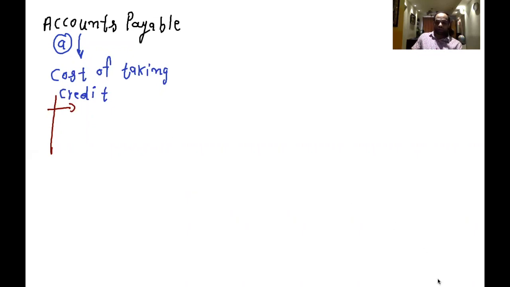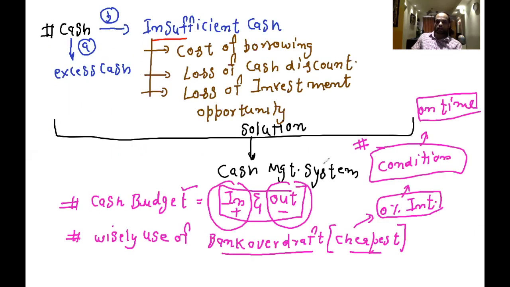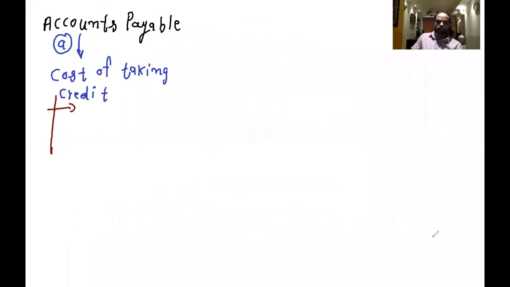So remember in the previous one, I explained to you about loss of cash discounts. Exactly the same thing happens here. All right. So loss of cash discounts, same thing. All right. Loss of cash discounts.